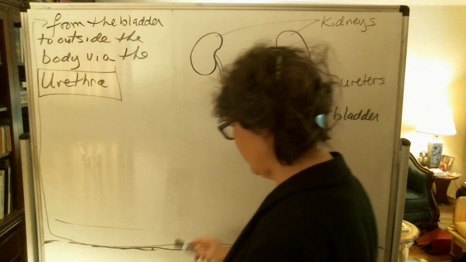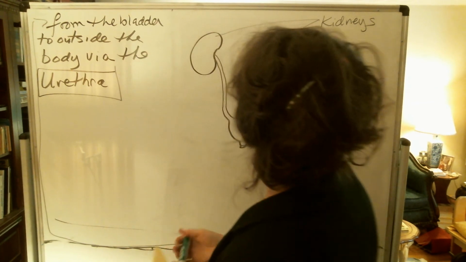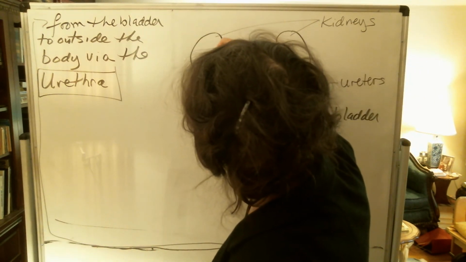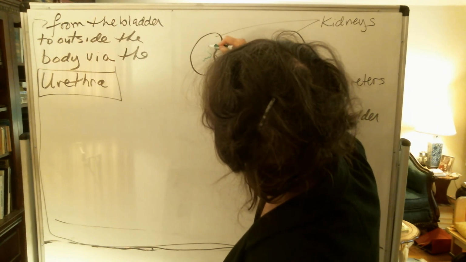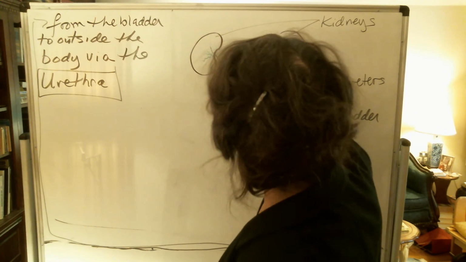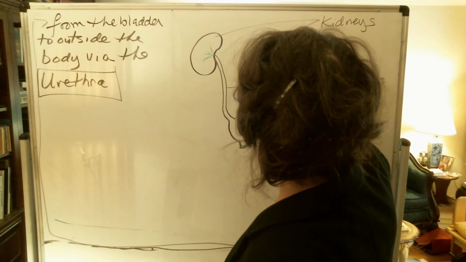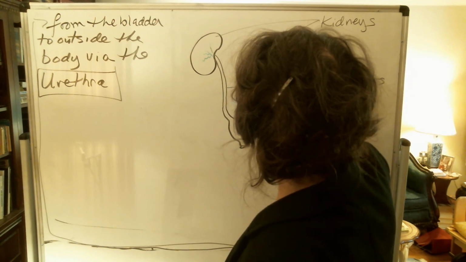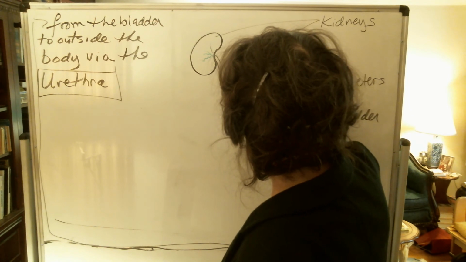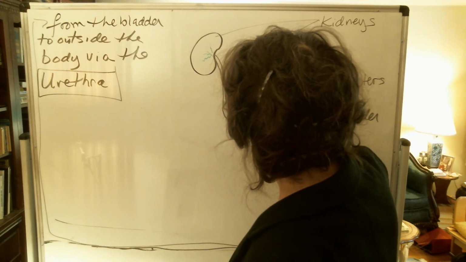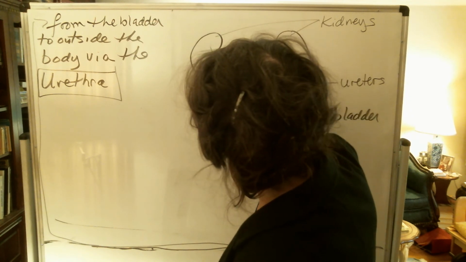So you have the urine then, which is slowly formed in the kidneys, and the urine travels down to this sort of central area of the kidney, and then the urine flows out of each kidney.